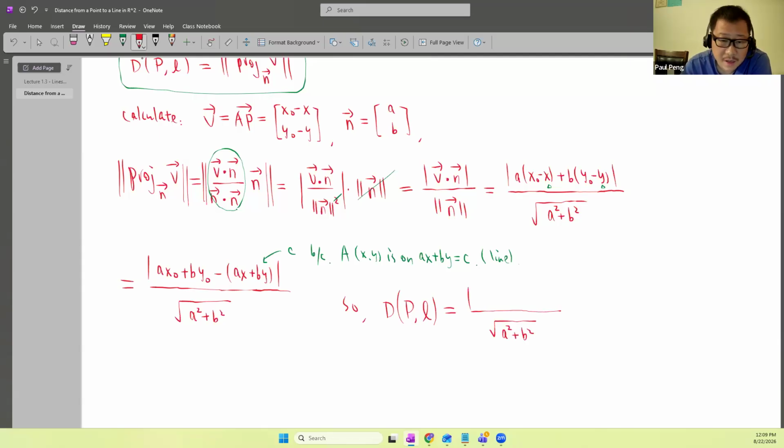The numerator, okay, so this one we take this away, which is c, right? Therefore it is ax0 plus by0 minus c. Okay, we're done. That's the formula.